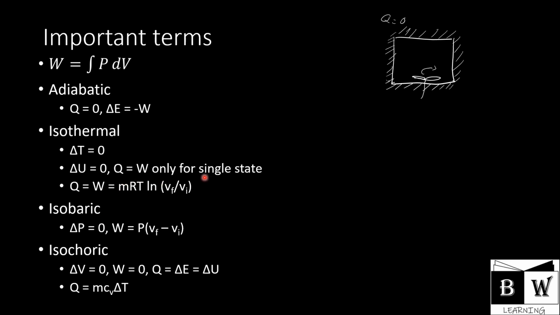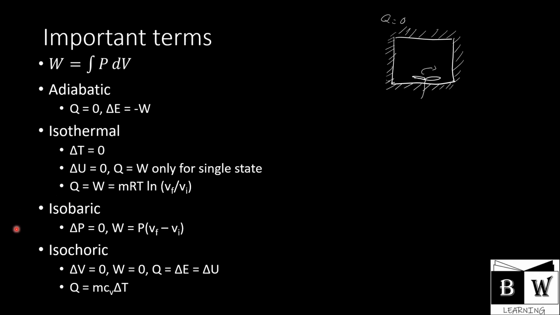But do take note, this only happens for single state, because when we have a change in state, usually it happens isothermally. So for this kind of problem, you can use this formula to determine the amount of work done or the amount of heat transfer for that system.